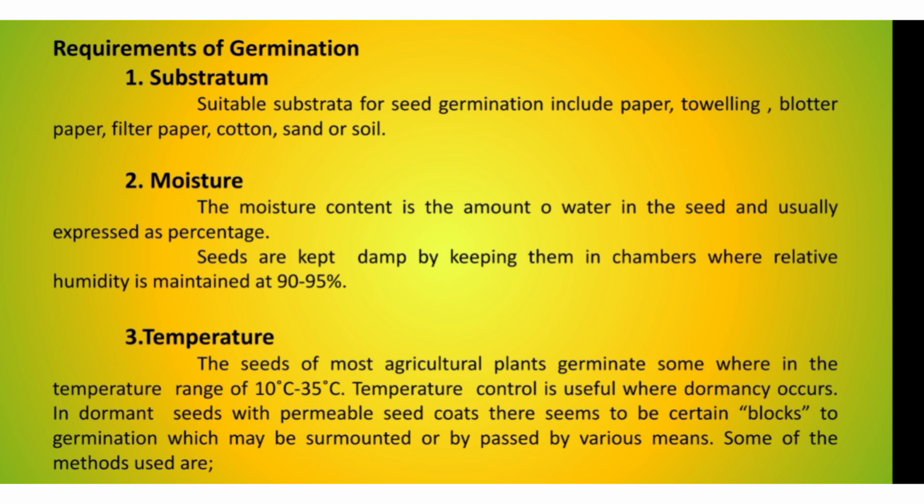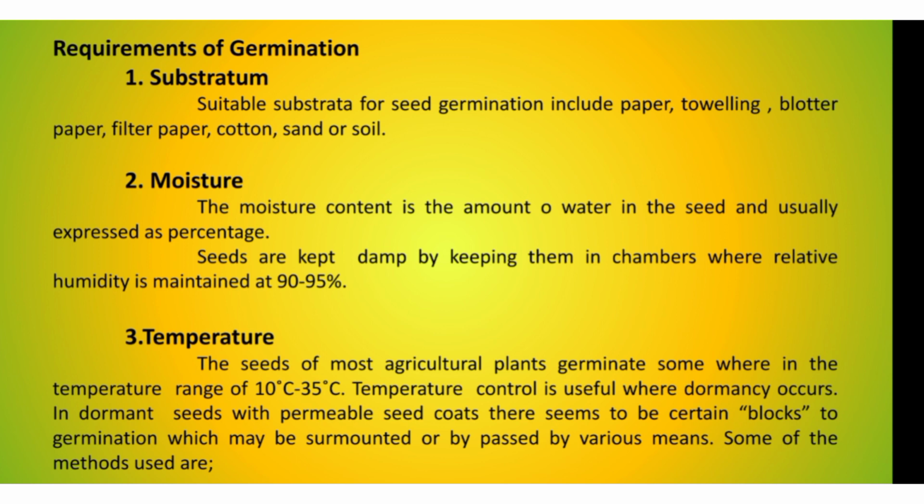Some seeds, like orthodox seeds such as rice and corn, must be stored at a lower percentage of moisture than recalcitrant seeds like durian and citrus, which need a higher water content to germinate. So third is temperature.